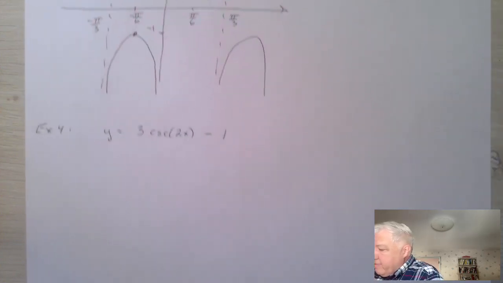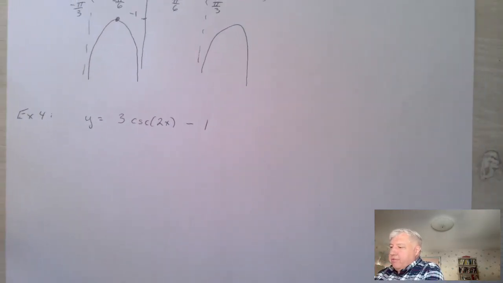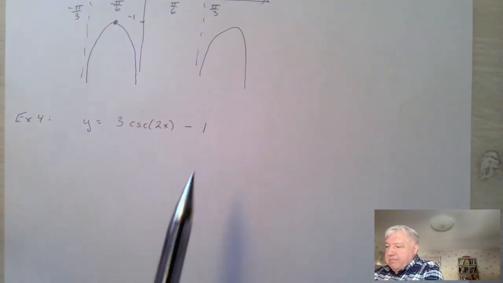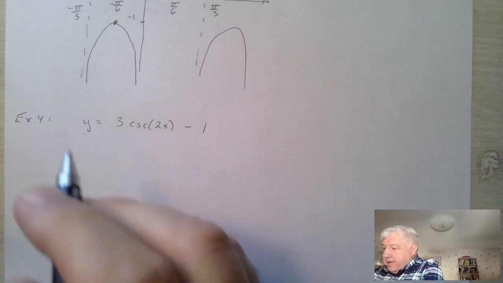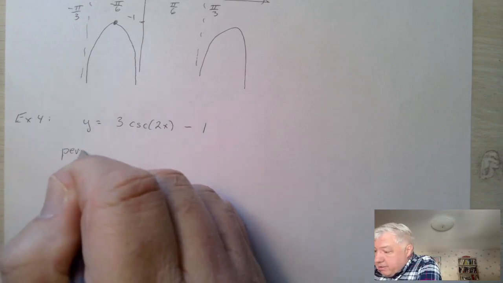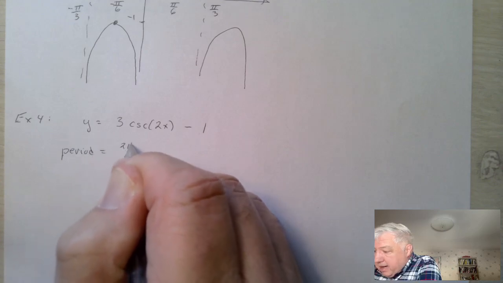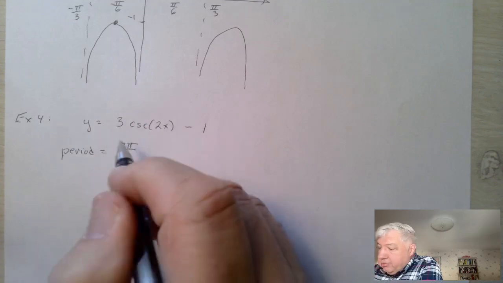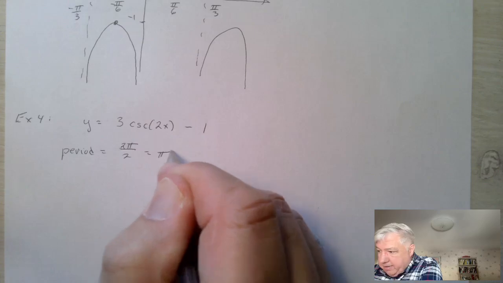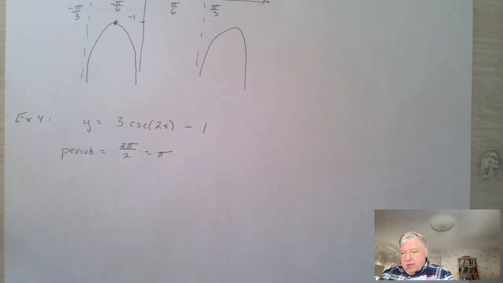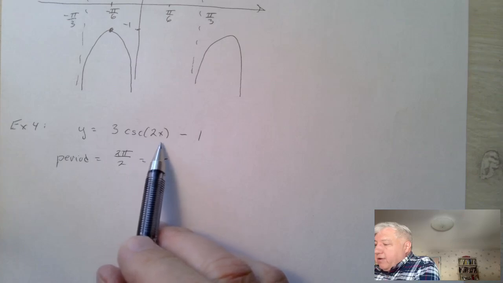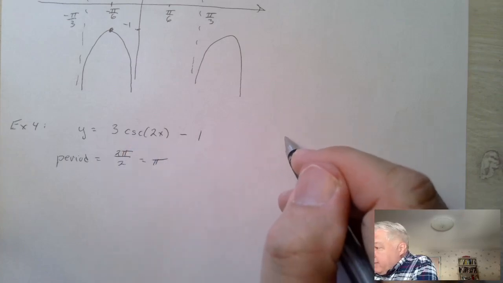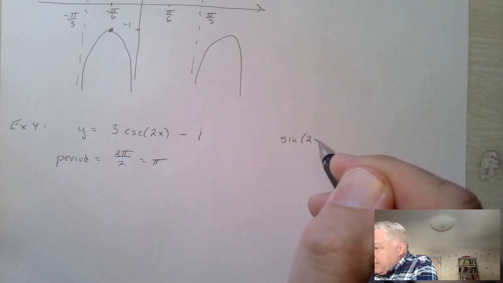And then finally, if we wanted to graph this one, we have 3 cosecant of 2x minus 1. First, the period will be 2 pi divided by 2, which is just pi. Okay. And we'll have a vertical asymptote where the sine of 2x is 0.